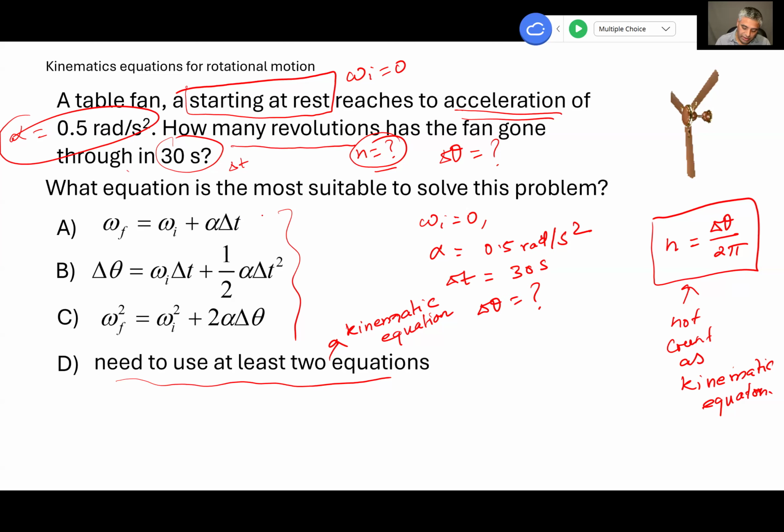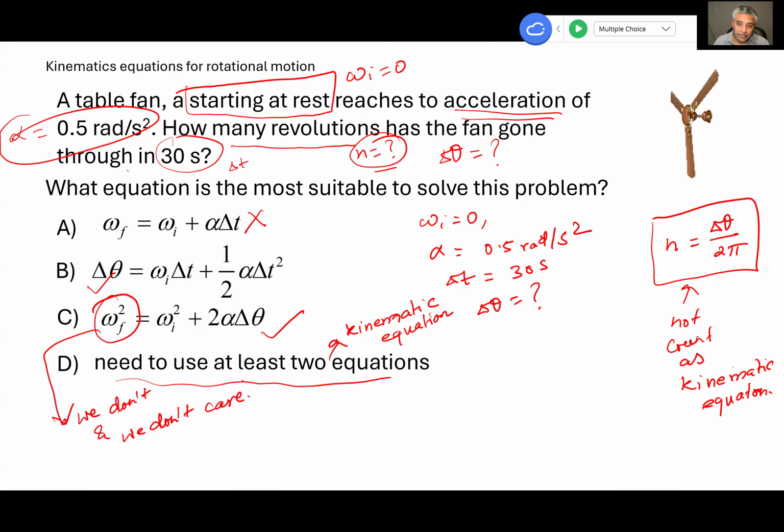This equation does not have delta theta, so we don't use that. This one has delta theta, and this one has delta theta. To use this, we need this. We don't know it, and we don't care, because it's not asking us to find the final speed. So because of that, we don't use that.